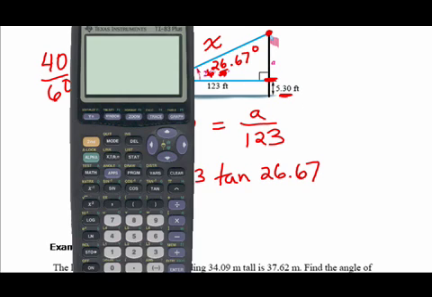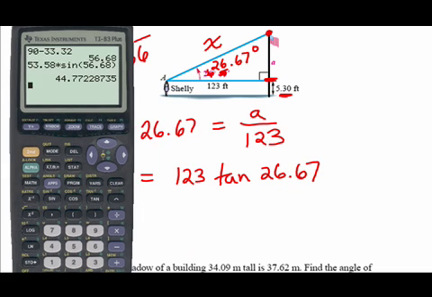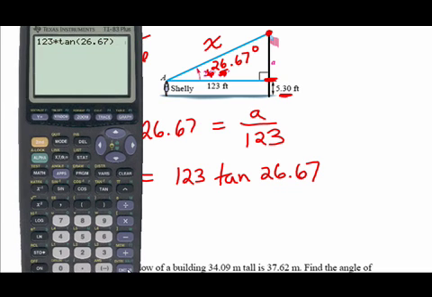So I ask my calculator nicely. What's 123 times the tangent of 26.67? And the value it's giving me is what A would be.